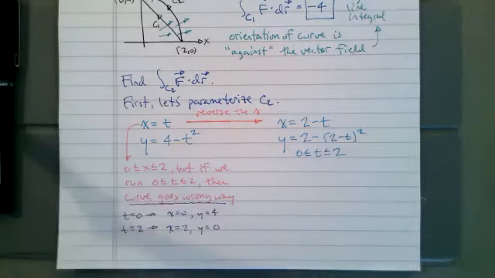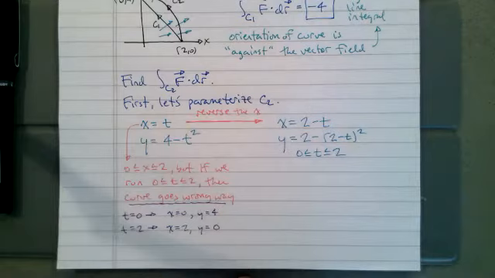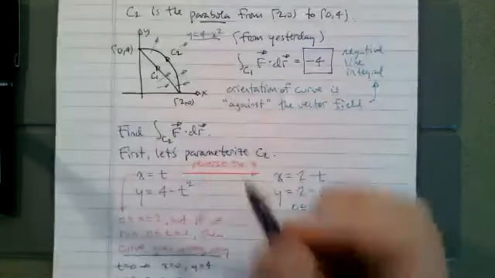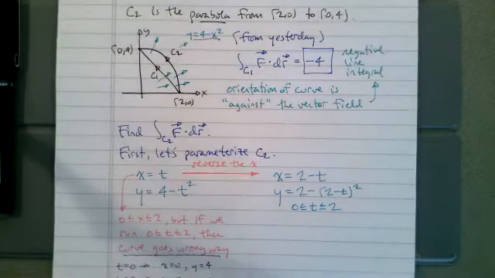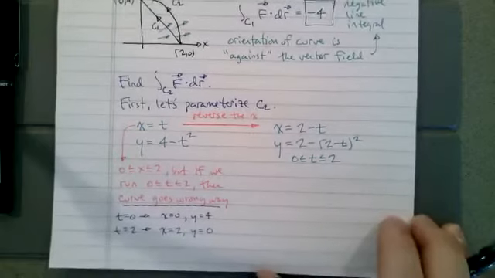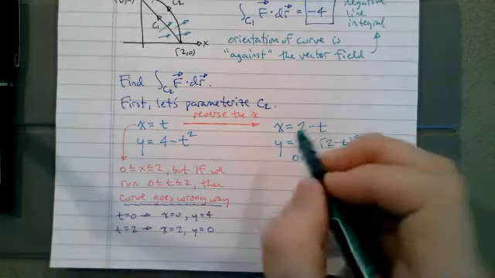So one way we can deal with this, we want x and t to go in opposite directions. I want x to count down from 2 to 0 instead of count up from 0 to 2. So while t goes up from 0 to 2, I want x to count down from 2 to 0. And that's what this 2 minus t will do for us.